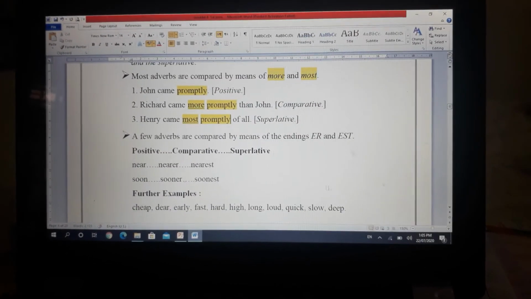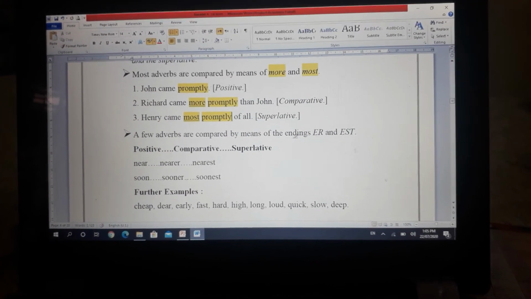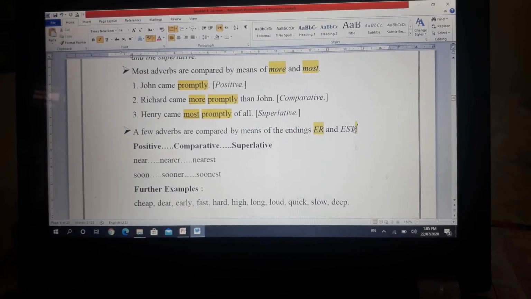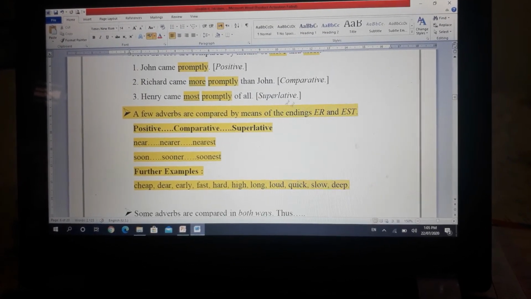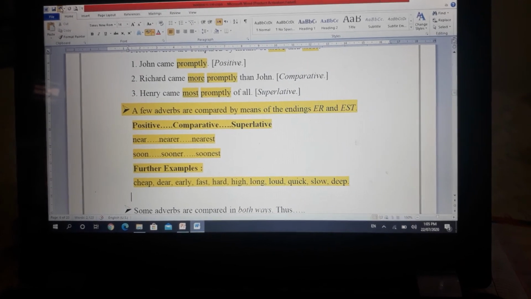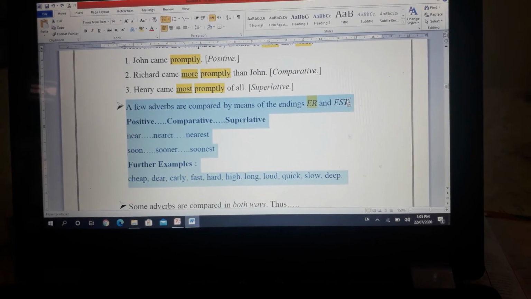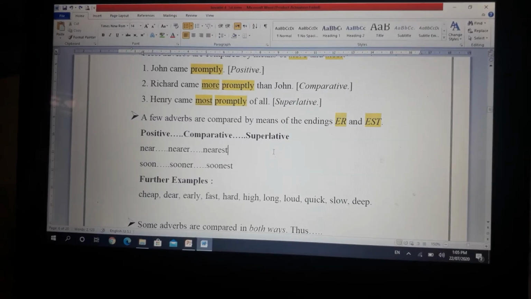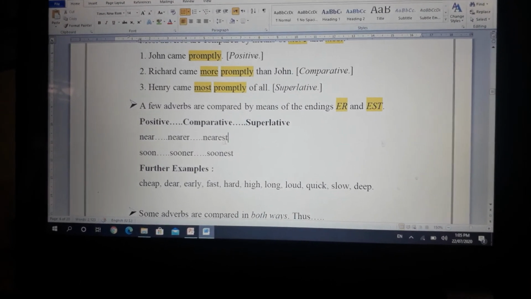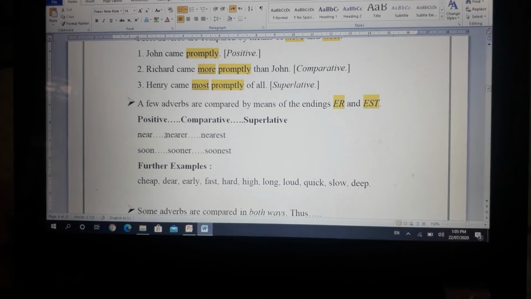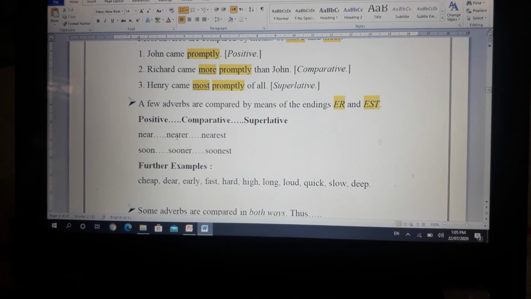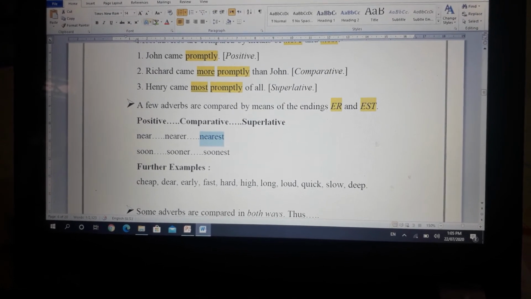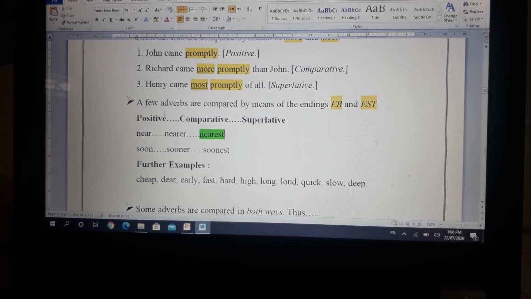See, a few adverbs are compared by means of ending er and est. Like positive, comparative, and superlative degree: near, nearer, and nearest.